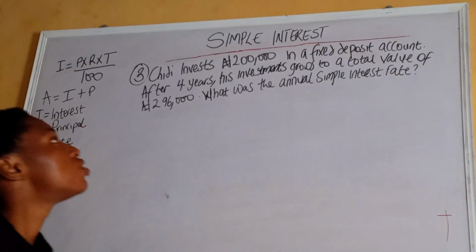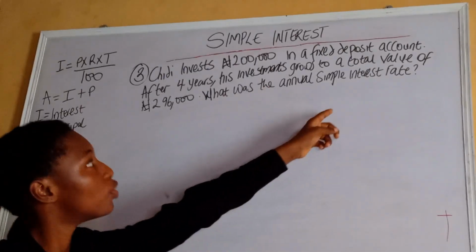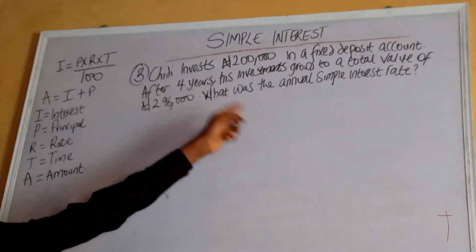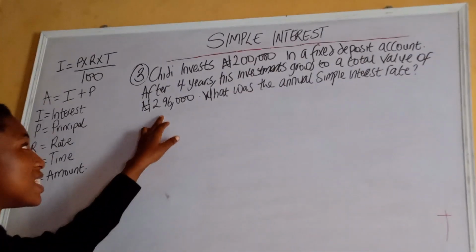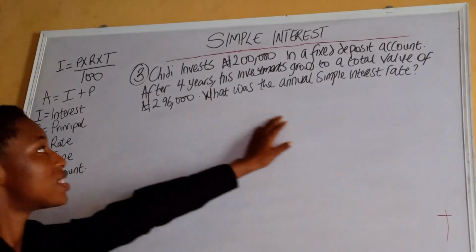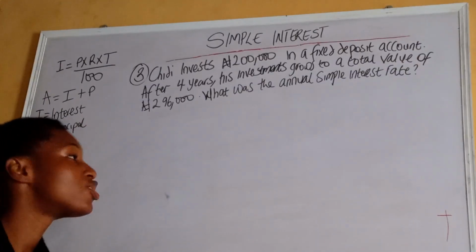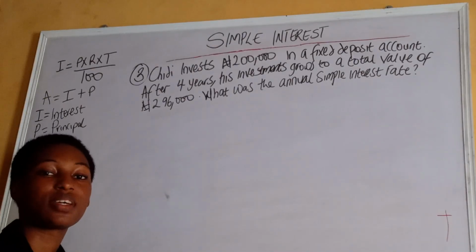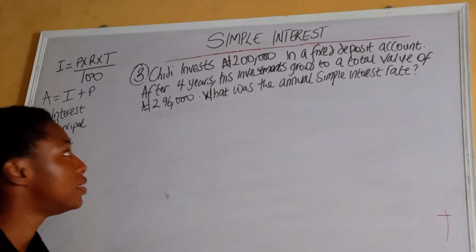All right. The third question says, Chidi invests 200,000 naira in a fixed deposit account. After 4 years, his investment grows to a total value of 296,000. What was the annual simple interest rate? Let's try this out. Let me know what your answer is in the comment section. Okay, so we know what the principal is.